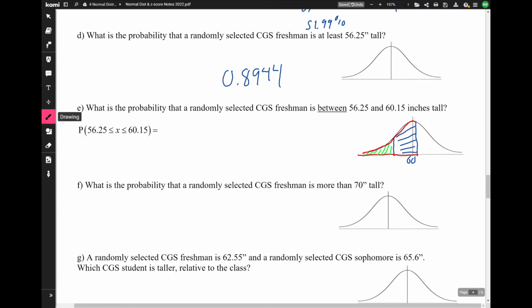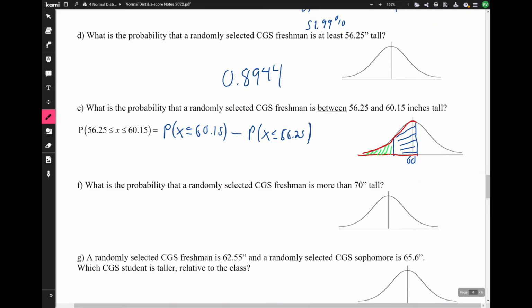So in other words, this is the same thing as the probability that x is less than or equal to 60.15 minus the probability that x is less than or equal to 56.25.